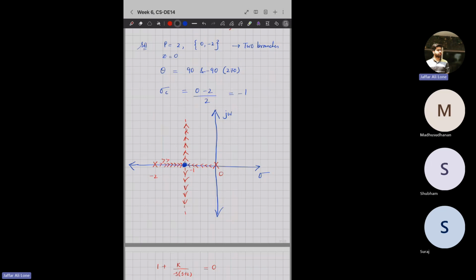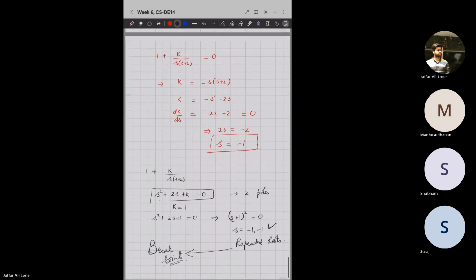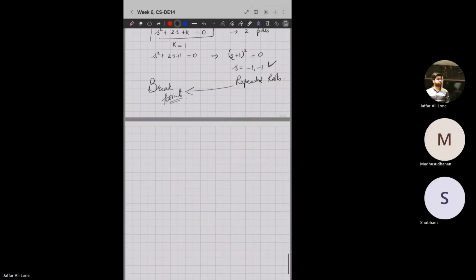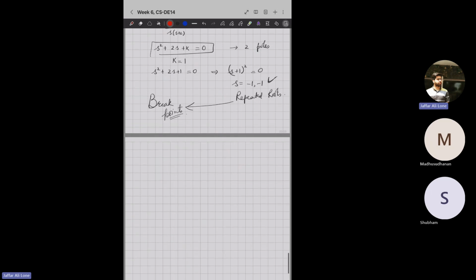I'll just do that. See, what is the formula for centroid? The formula for centroid is the summation of real part of poles minus... I'll write the formula. Okay, centroid.